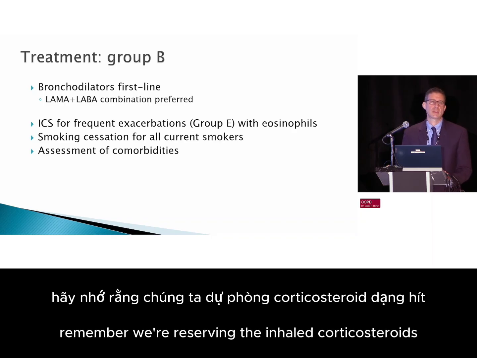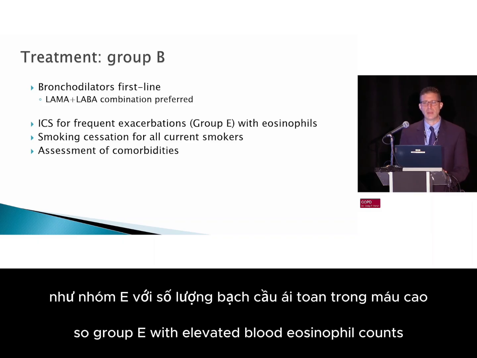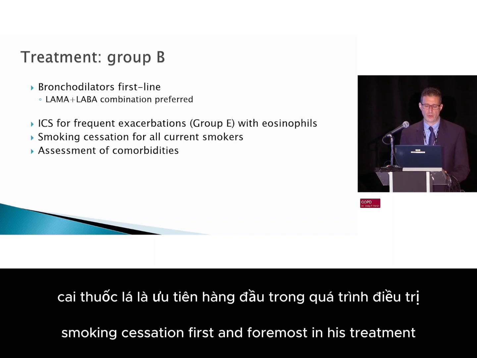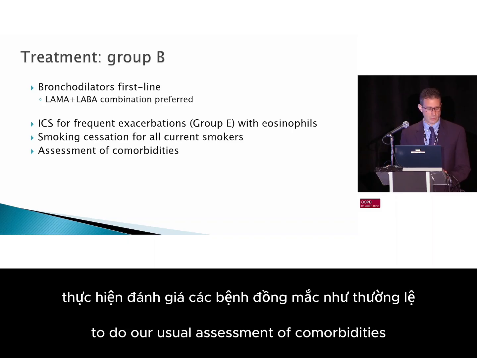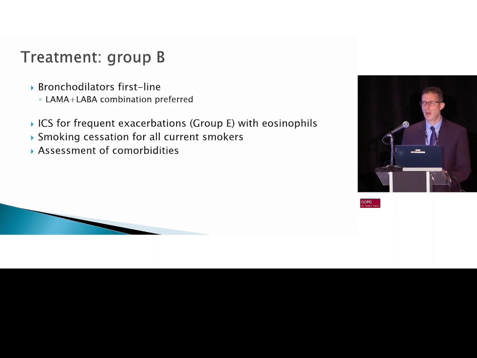Remember, we're reserving the inhaled corticosteroids for those with frequent exacerbations, so group E with elevated blood eosinophil counts. And he was a current smoker, so smoking cessation first and foremost in his treatment, and then remembering to do our usual assessment of comorbidities, heart disease, lung cancer screening, diabetes, et cetera.